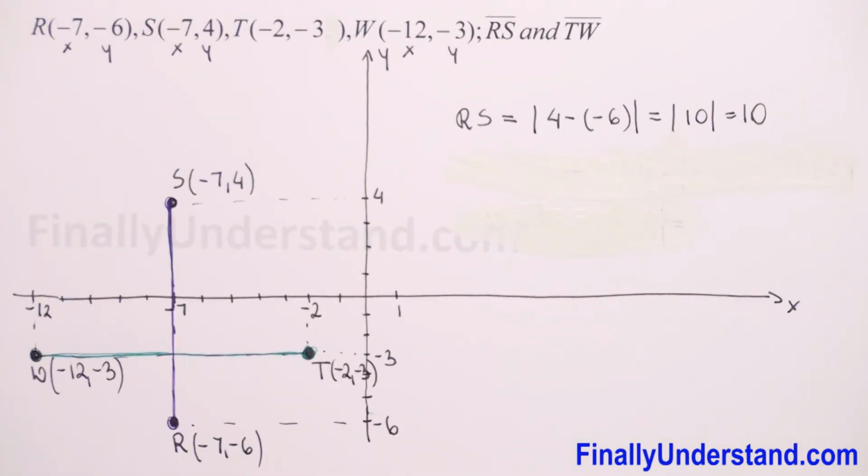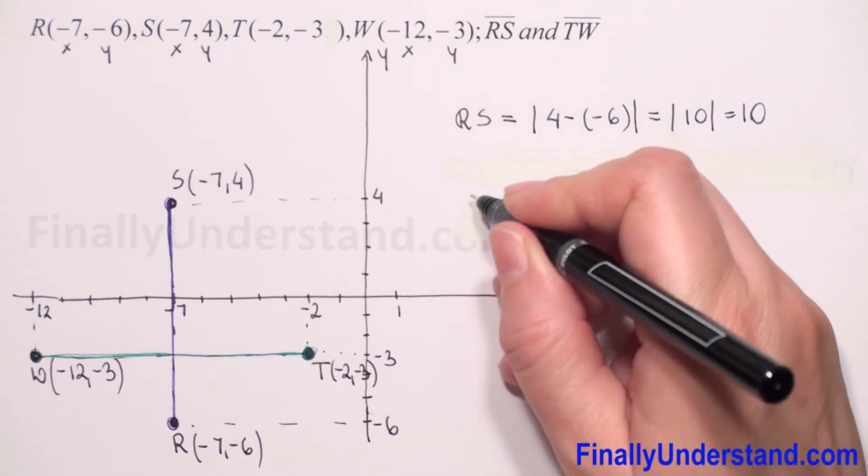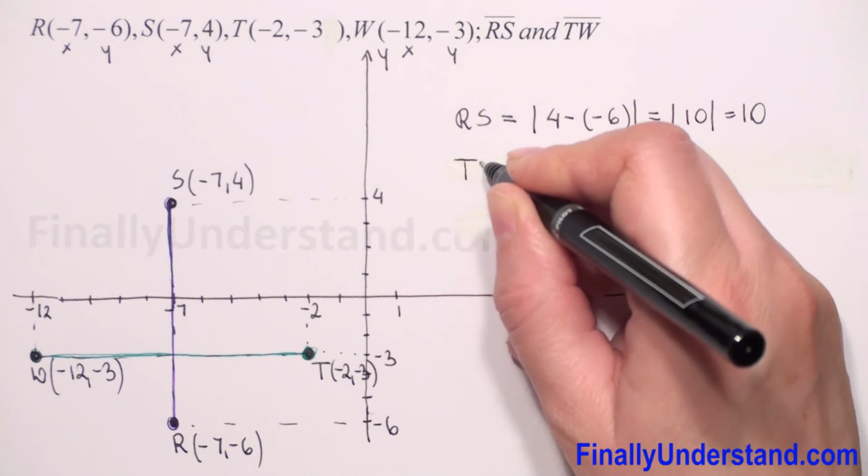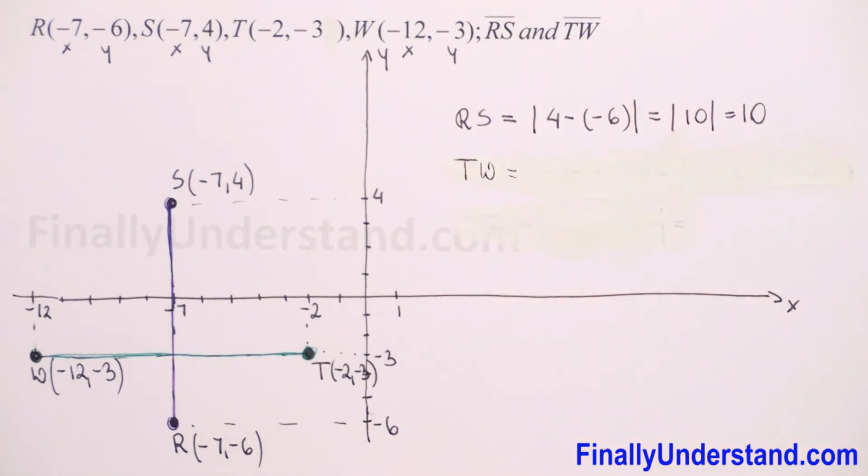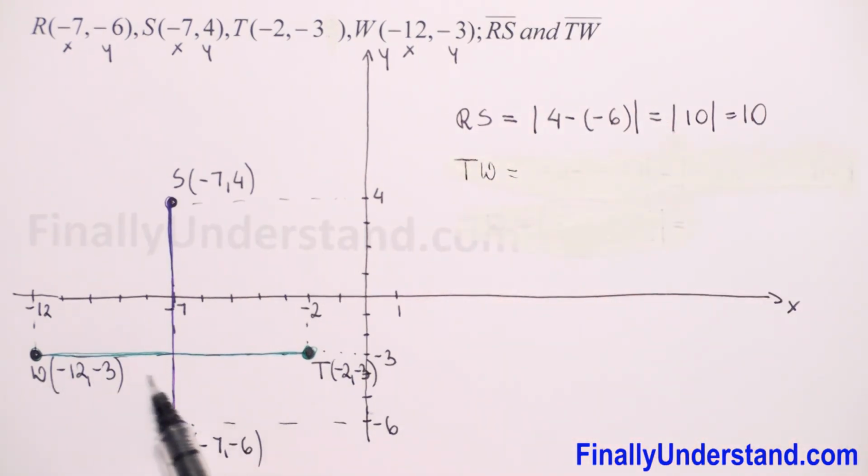Now we have to find the length of segment TW, because TW is a horizontal segment. To find the length of a horizontal segment, we need to find the absolute value of the difference of X coordinates of the endpoints, because the Y coordinates are the same.